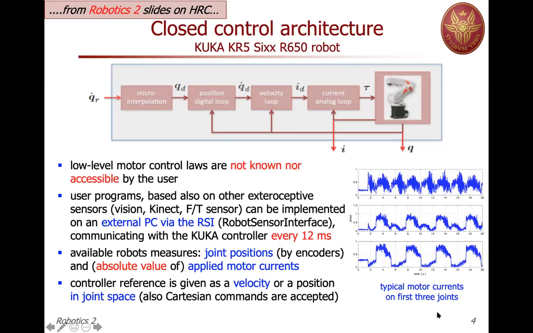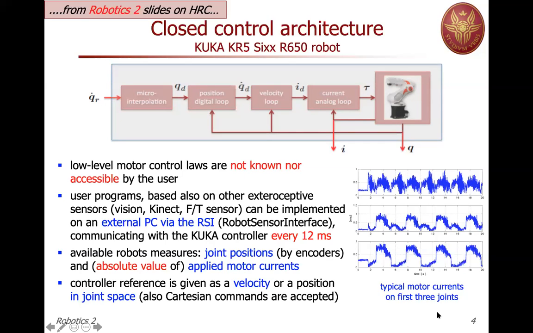So this is just a scheme which is intended when you're not using the actual programming language, but just commanding motion from outside. Indeed, you rely on other features that the control architecture has to protect the motion of the robot. So if there is some malfunction, if you're specifying something which is completely nonsense in the input, then there will be a protection and the robot will probably stop moving.